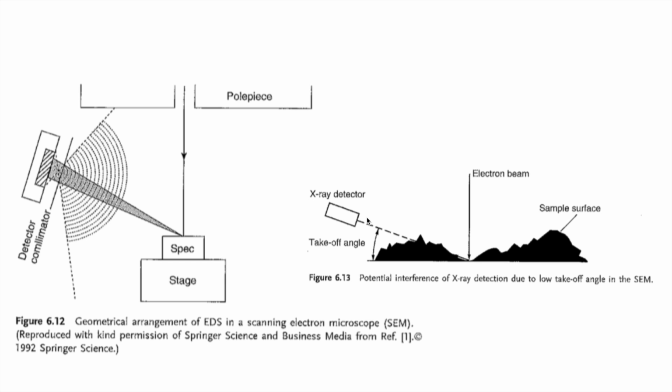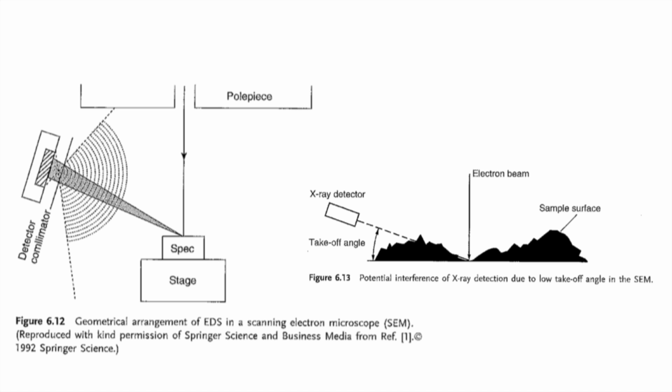So we can either make the sample smoother, or if that's not an option, we can try higher takeoff angles by rotating the sample. This is just one of the effects of the geometry that we have.